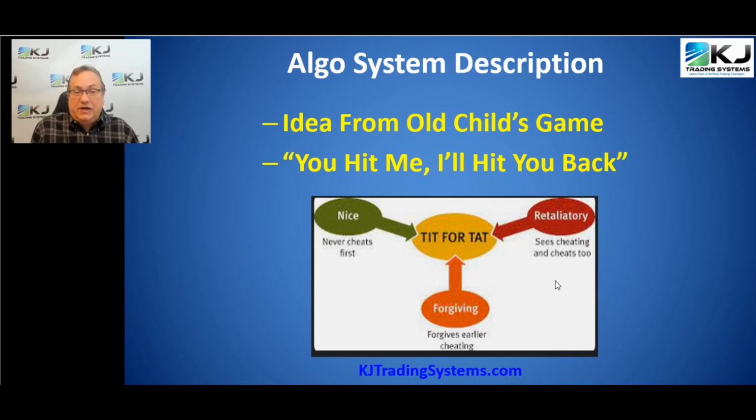And so you won't cheat, and then you expect your opponent not to cheat. Or you can be over in the red, retaliatory, where you cheat because you saw somebody else cheat. Or it could be forgiving, where you saw somebody else cheat, but you forgave them for cheating. So it's kind of a game where you do what somebody else does or you don't do it.